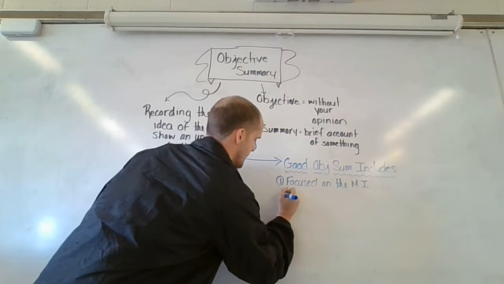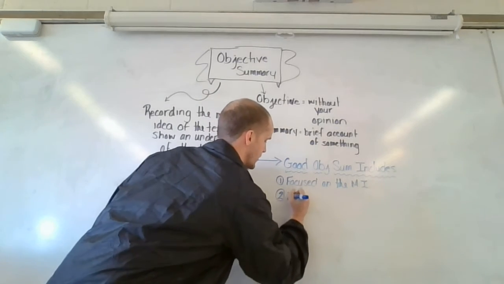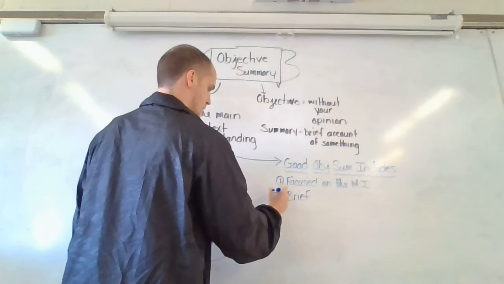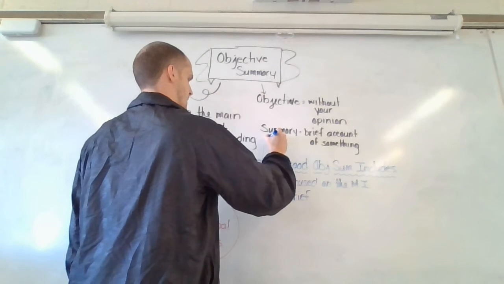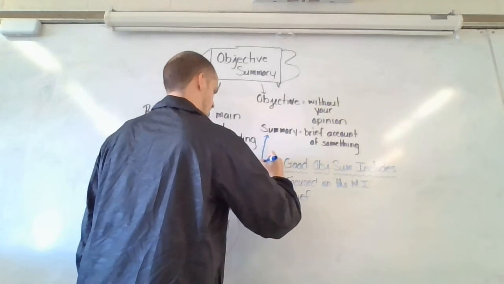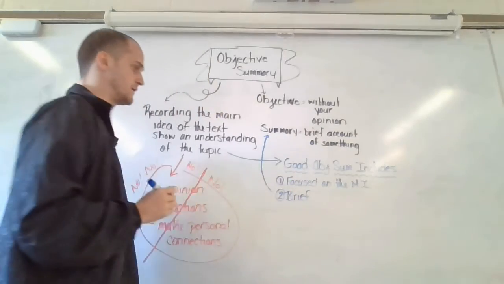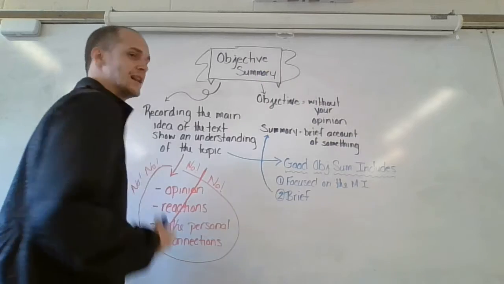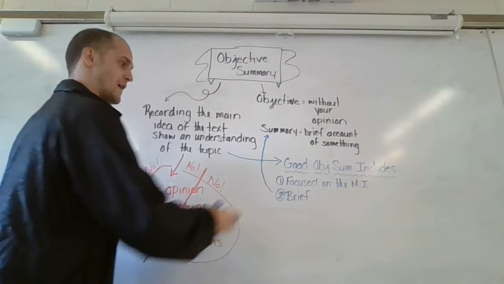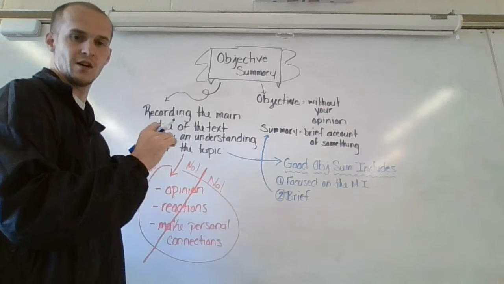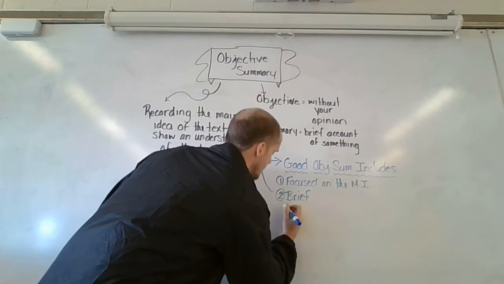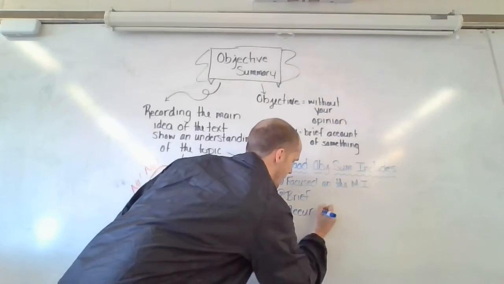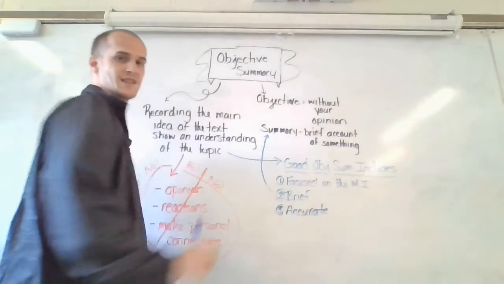Number two, brief. Again, that goes back to the summary part. It's got to be brief. You don't want to get into the habit of just retelling the entire text. Again, that's why finding the main idea is important. Focusing on that. Number three is that it's accurate. This is why reading the text is important.